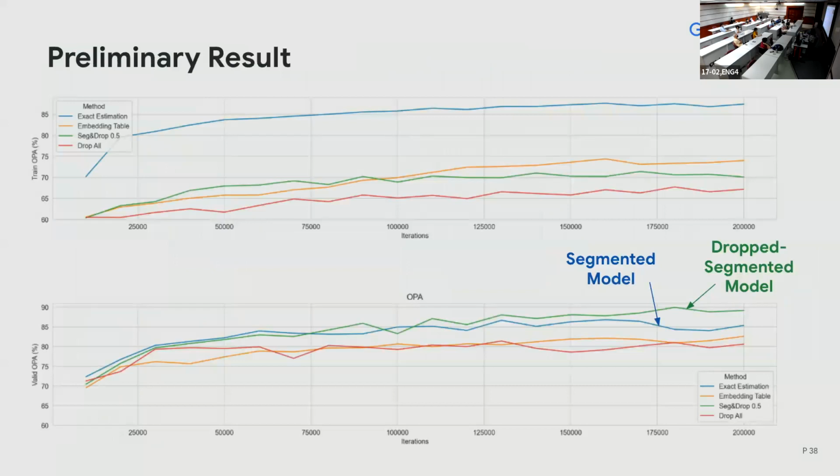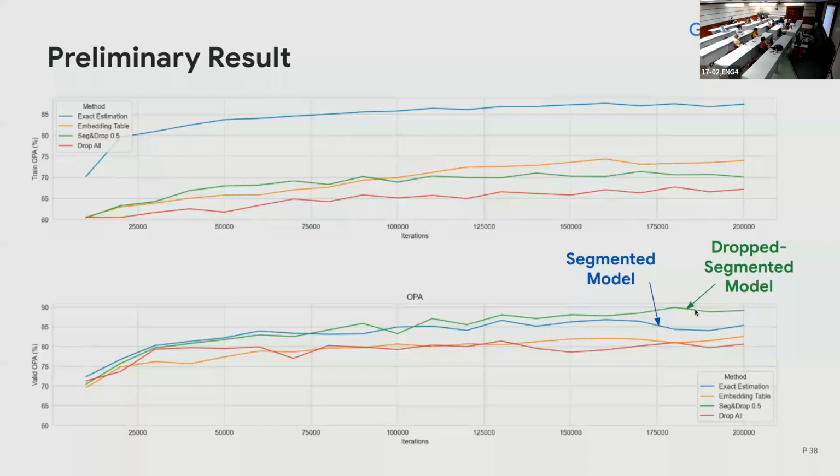So here is some preliminary result. The first graph is on the training set, and the top one is basically the one with no dropouts, just the segmented model. But if you look at the validation graph, the blue one is the one where we apply the segmented model with the dropout that drops the entire segment.